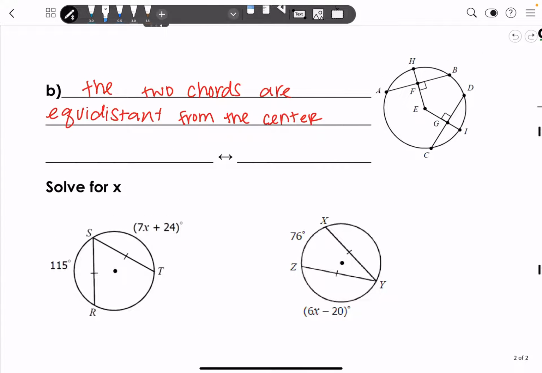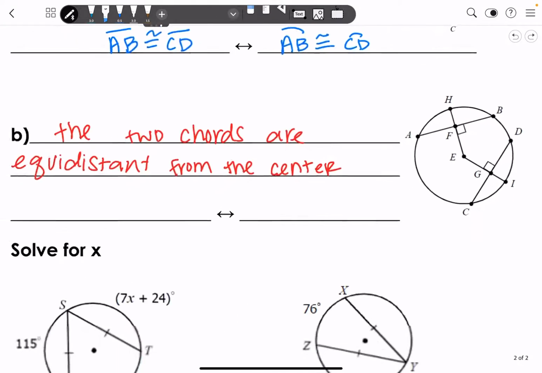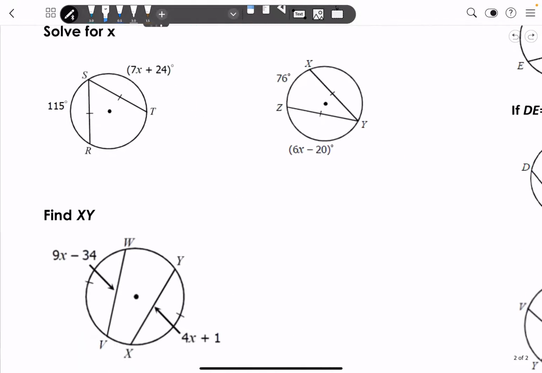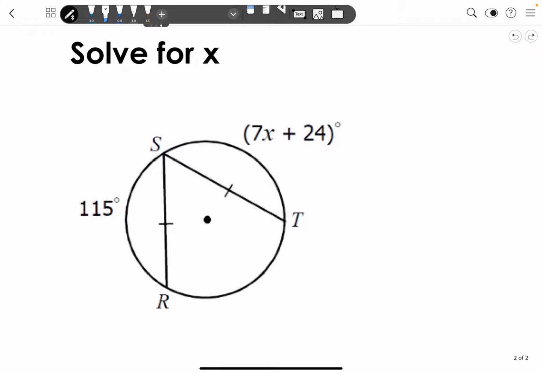All right. So we are going to go ahead and practice this one here. And we're going to solve for x. So I want you to notice that they've told us that these 2 chords right here, SR and ST, are congruent.